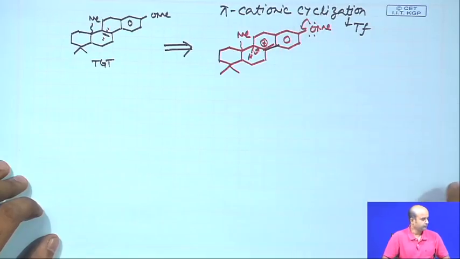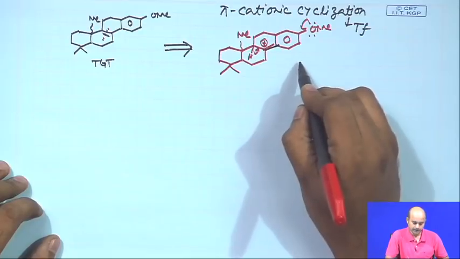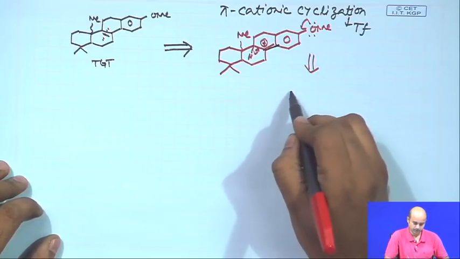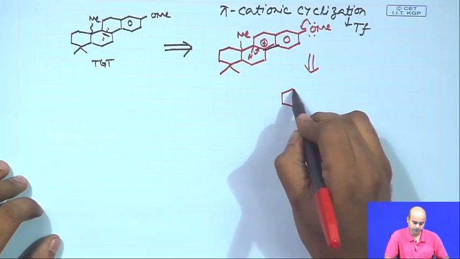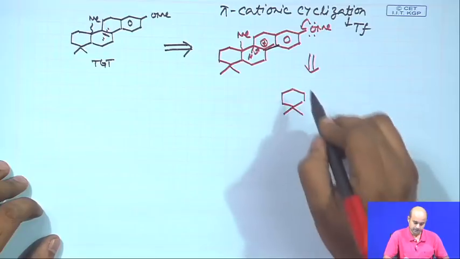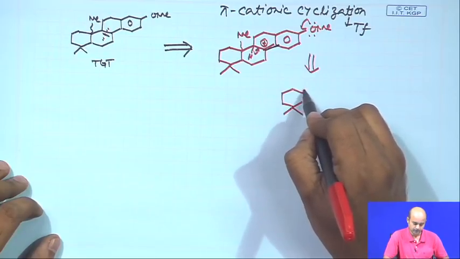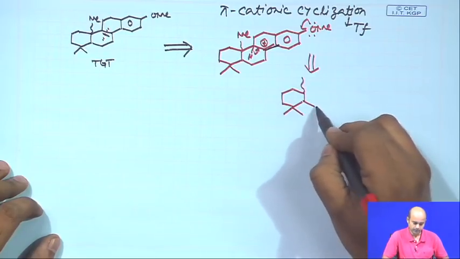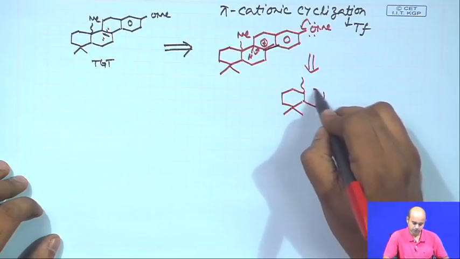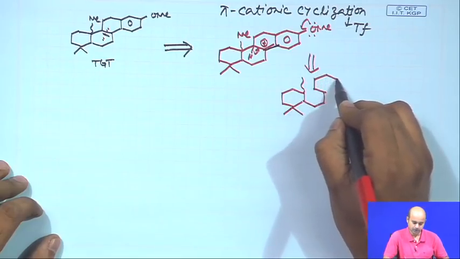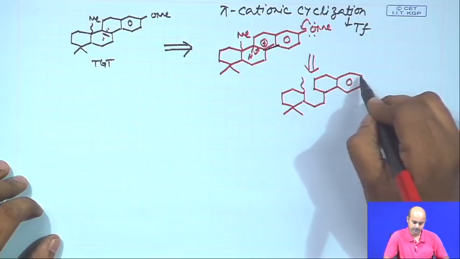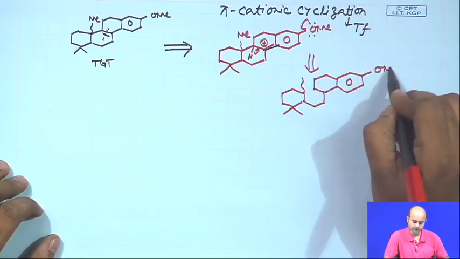Okay. So, this was the next retro. The next retro is crucial, so check it carefully. We will try to figure out making the central ring.